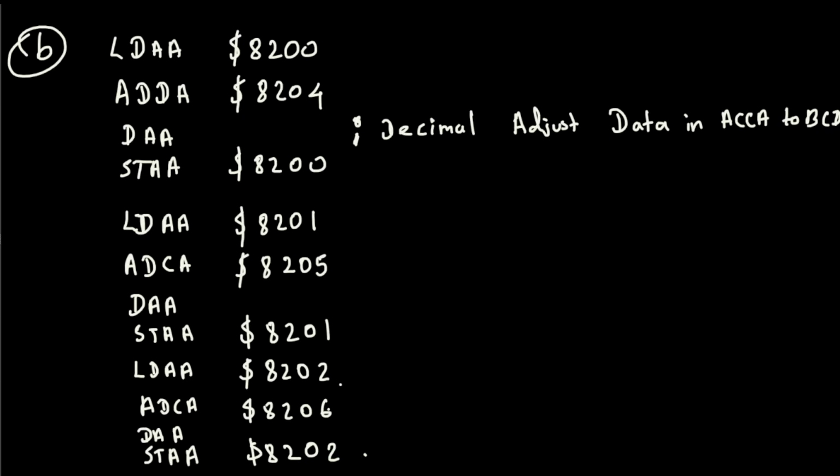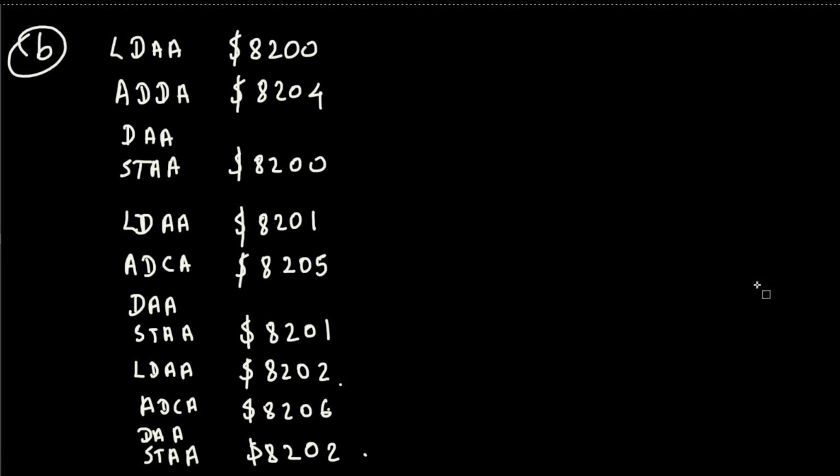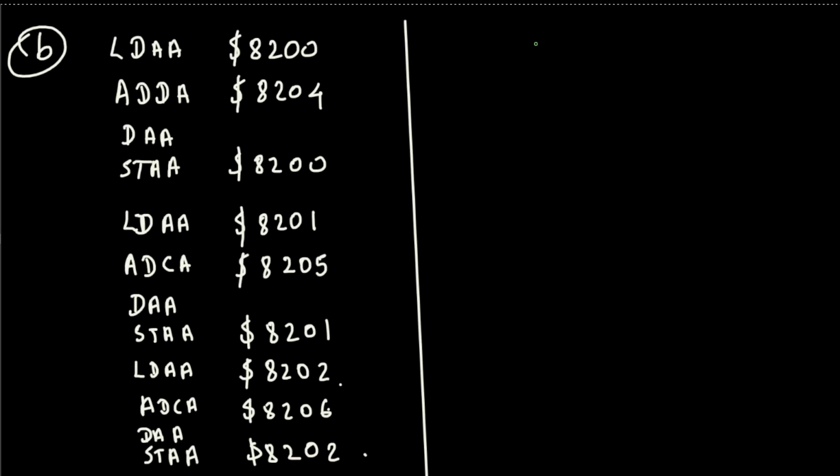I need 4, so I just remove this explanation here. Okay, so this is like continuous downward, but I don't have space, so I do it here.